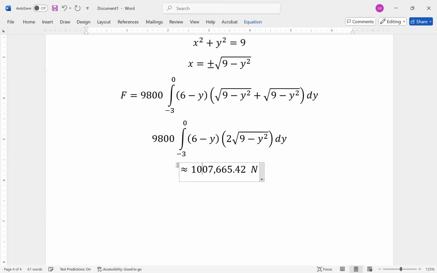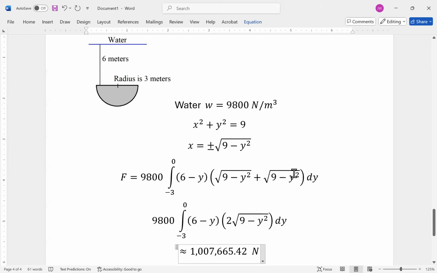Let me put in some commas so that it looks a little bit nicer. And that's not a really nice number if you divide that by pi, because you think, well, this area is going to have something to do with pi. Yes, that area has something to do with pi, but it doesn't turn out to be a whole number times pi, because when you think about the center of mass of this thing, the center of mass is not going to be at a nice, even spot.